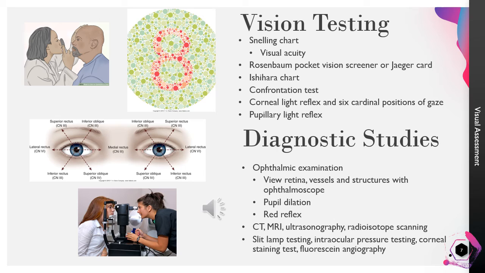The ophthalmic exam is most commonly completed in the provider's office or a clinic setting. The physician or nurse practitioner will view the retina, vessels, and structures with an ophthalmoscope. The exam will usually take place in a dark room to allow for the pupil dilation. There are also other diagnostic tests such as CT, MRI, or ultrasound that can be used to help diagnose diseases of the eye.